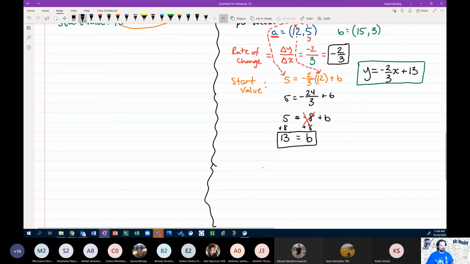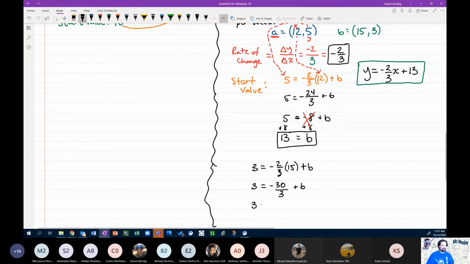So we put 3 equals negative 2/3 times 15 plus b. And we need to check to see, do we still get 13 as the result? So we need to do the math. 3 equals negative 2 times 15, which is 30, so we have negative 30 divided by 3 plus b.